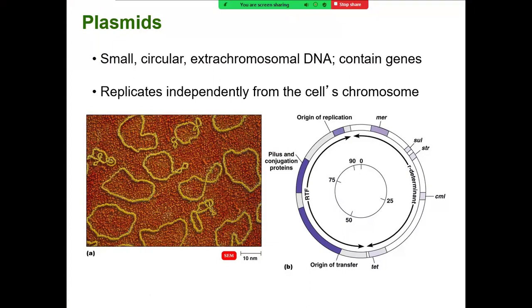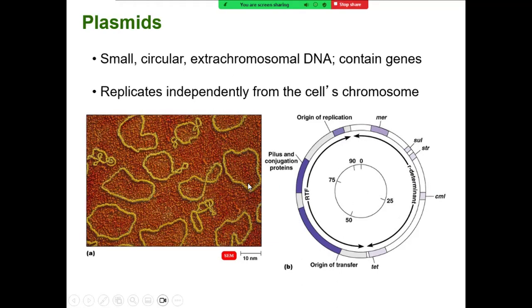Plasmids differ from the chromosome mainly in their size. Plasmids are small, circular, extrachromosomal pieces of DNA. They only contain a few genes, as shown in this chromosome, having maybe 1, 2, 3, 4, maybe 5 genes, and I might be missing some because I don't know what these are standing for. So it might be as many as 8 genes, but only a few.